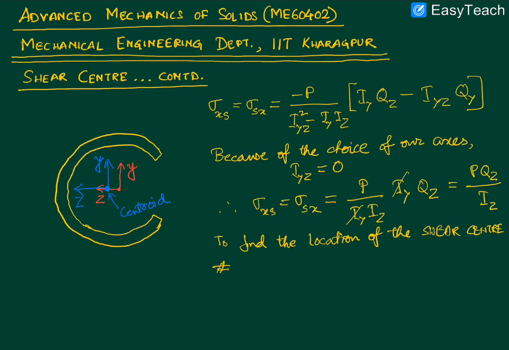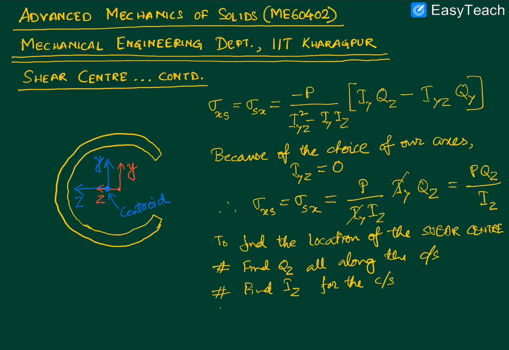So first thing is to find QZ all along the cross section. Second is find IZ for the whole cross section.